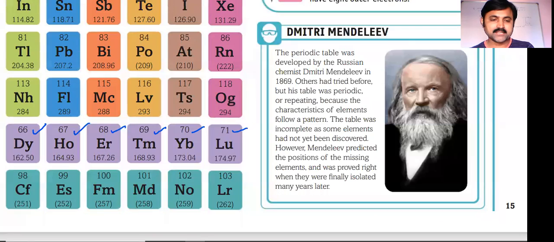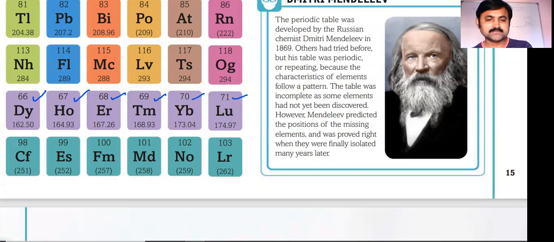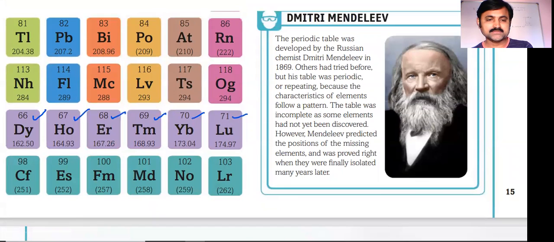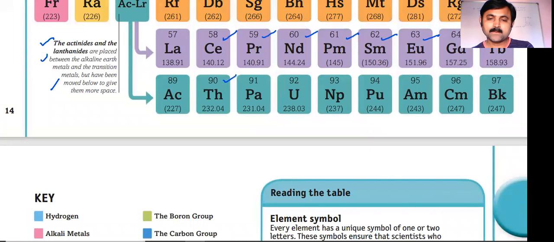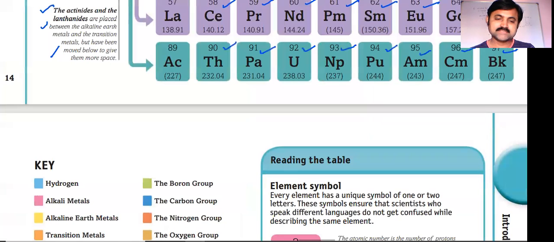Coming to the next row, what comes after actinium? After actinium, we have thorium, protactinium, uranium, neptunium, plutonium, americium, curium, berkelium. Berkelium is 97.